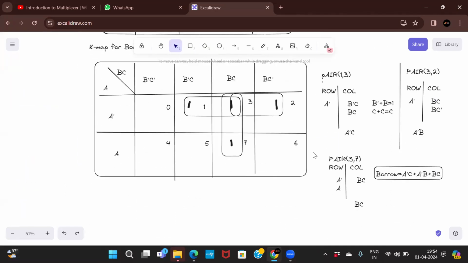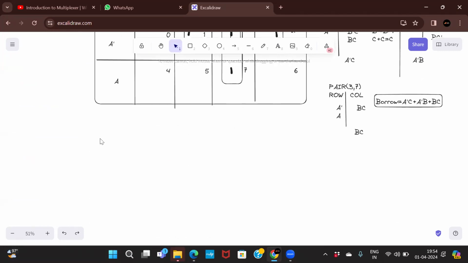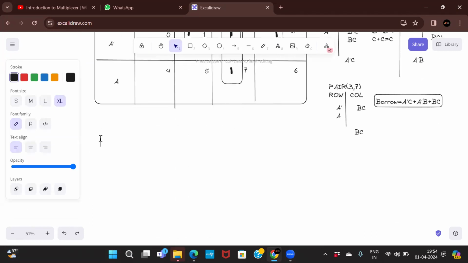So based on this expression, we need to design a circuit. Now how many inputs do we have? A, B, and C, and we require an XOR gate which takes three inputs, right?